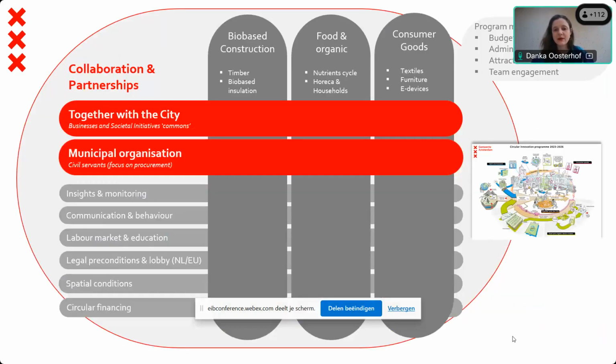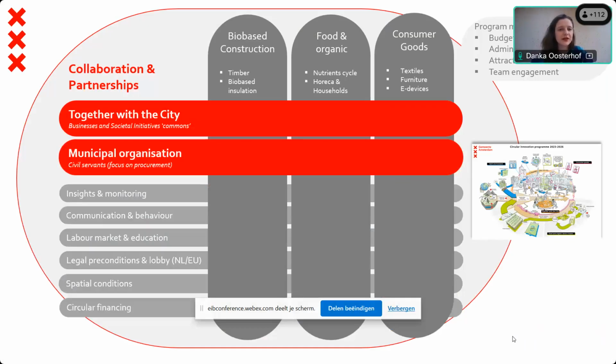So this is an example of a summary of our program. On the right, you see the execution program, and this is the way we are organized. The vertical lines are the 3 value chains that we focus on: bio-based construction, food and organic waste streams, and consumer goods.